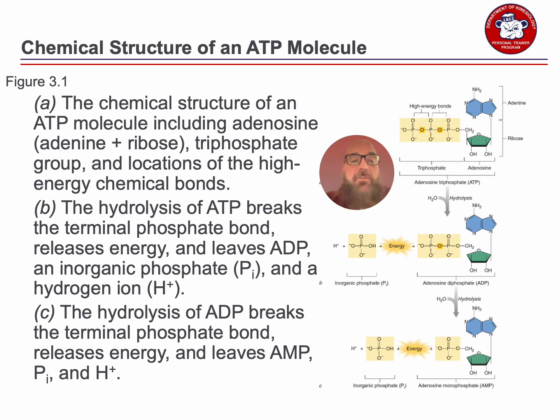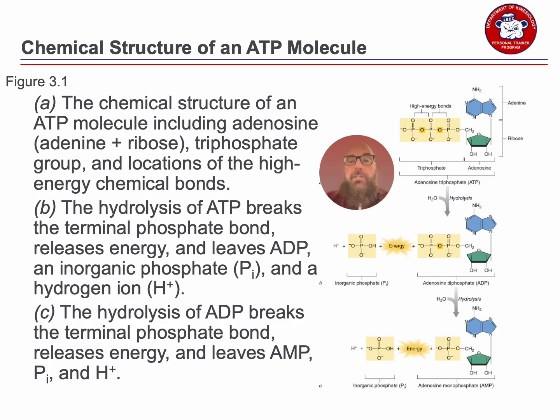That's what you're going to see in the second one, the one below me. I wish I had a pointer on here; that's the only downside when I'm recording these, but I'll talk you through it. In the middle one, you see that little energy burst because a phosphate is broken off. Then the hydrolysis of ADP breaks the terminal phosphate bond, releases that energy, and leaves AMP. So you're going to see a third break, in our adenosine monophosphate.